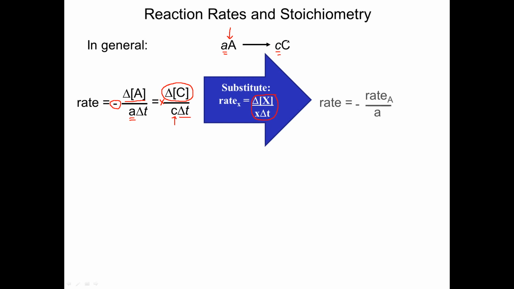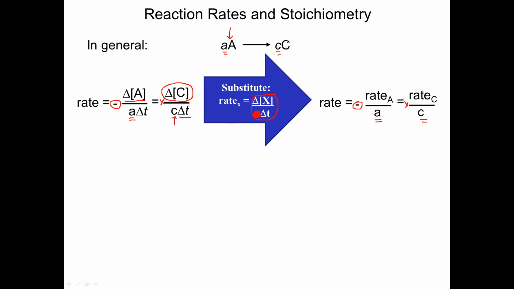So, going in here, we've got rate. Actually, let's cross this little guy out. He doesn't need to be there. Rate, we're just taking to be change in concentration over change in time. So we get rate of A equals that negative sign because A is a reactant divided by its coefficient. We get the rate of C not having the negative sign because C is a product divided by its coefficient.